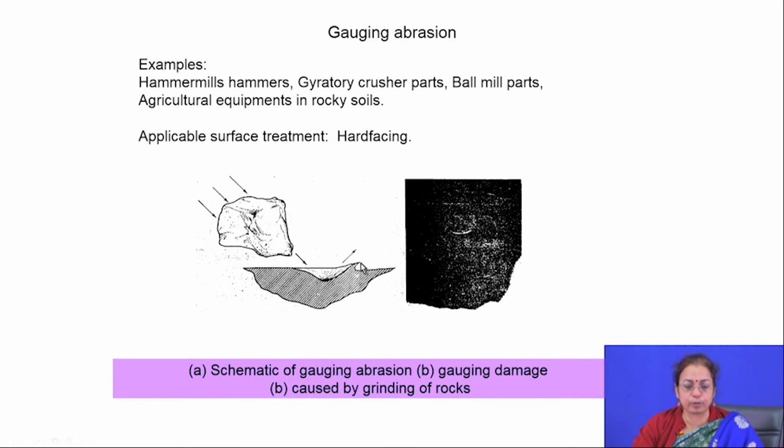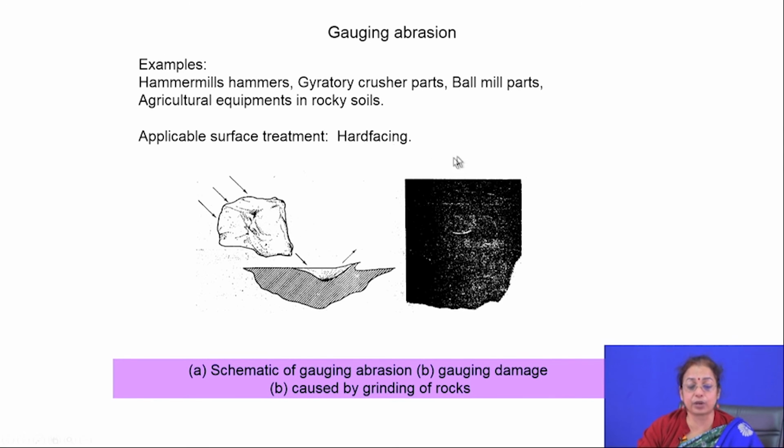Here this phenomenon is a little different. You call it gouging abrasion when the component is subjected to very heavy load for a very short period of time. That is, when the component is subjected to impact loading, you call it gouging abrasion.